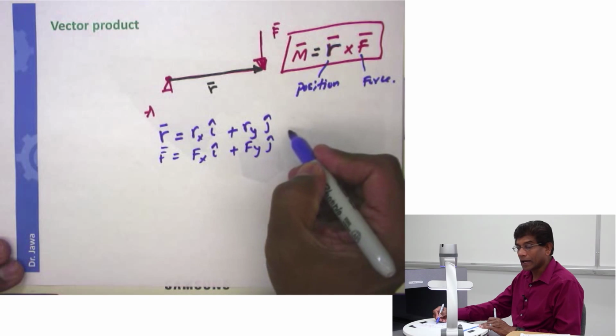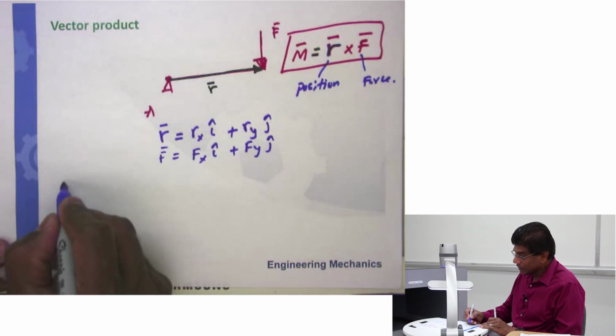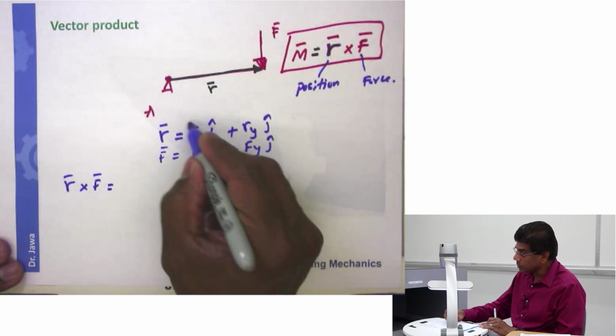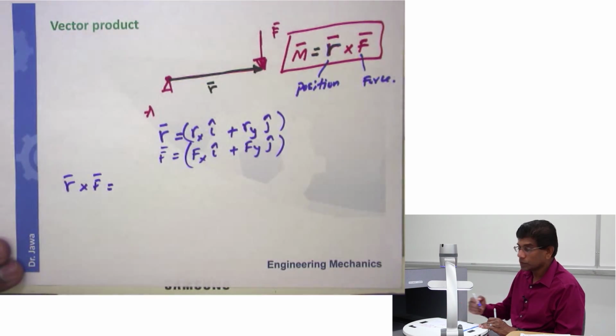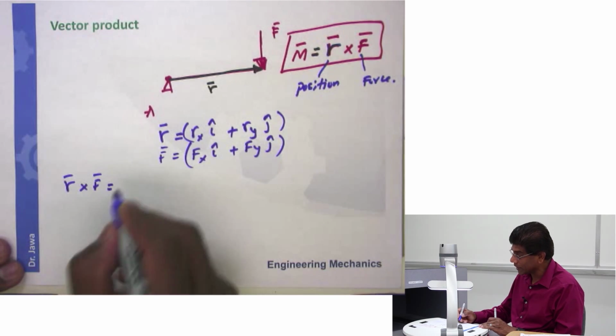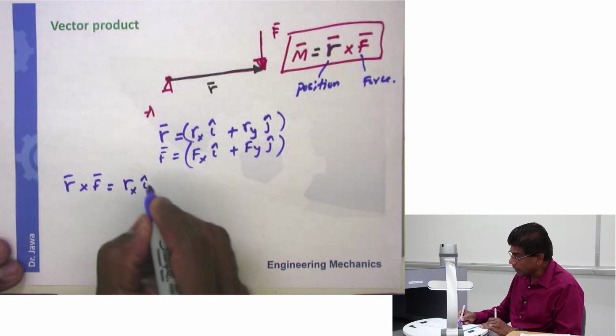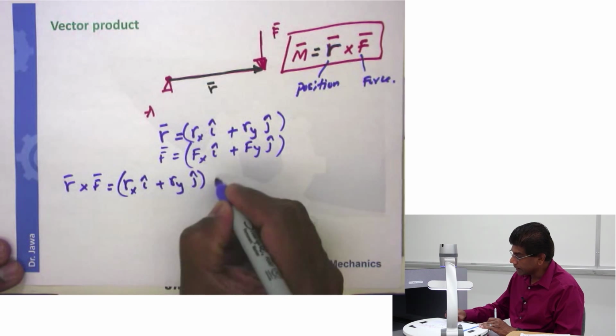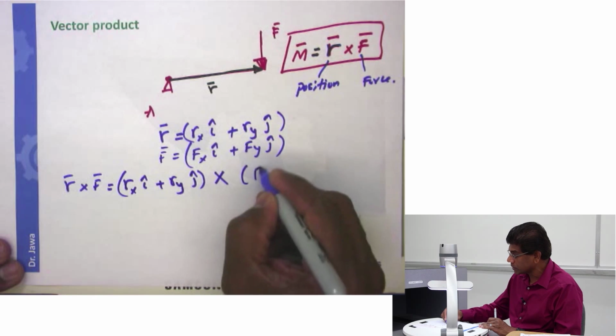For 3D, you will have an additional component. So R cross F means you are going to cross these two expressions, right? I am not going to spend time doing all of these calculations because it's all well defined in books.